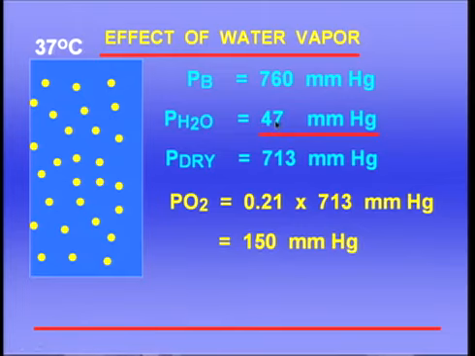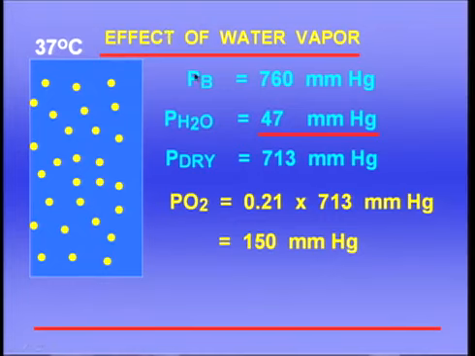That's very important. As a matter of fact, if you increase the temperature to 100 degrees Celsius, then the water vapor pressure is 760. And that is the reason why water boils at 100 degrees Celsius. So in order to calculate the partial pressure of oxygen in moist inspired gas, we have to subtract the water vapor partial pressure, which is 47, from 760.